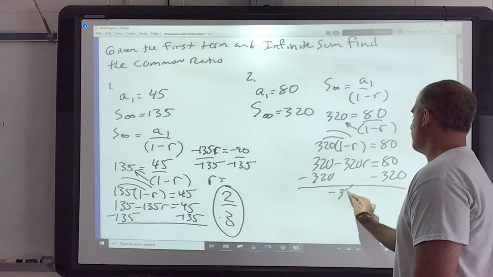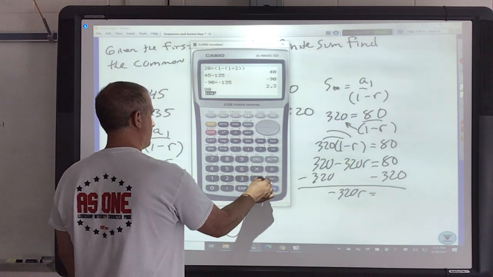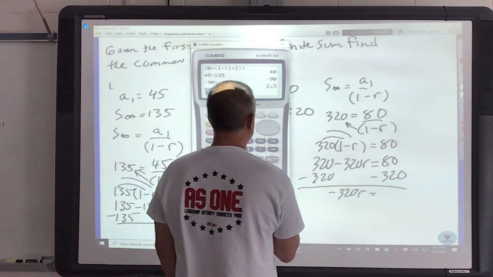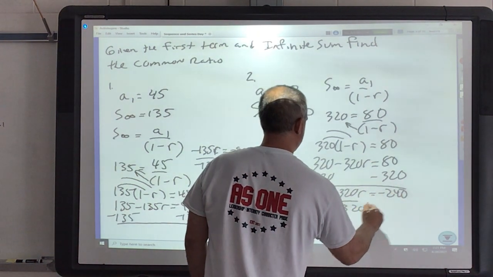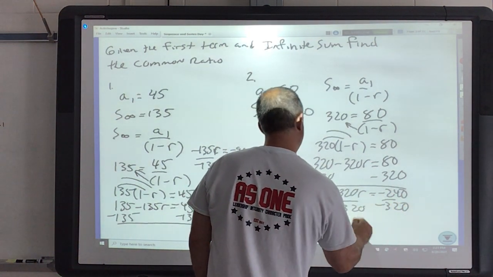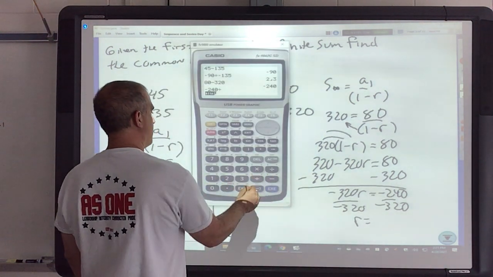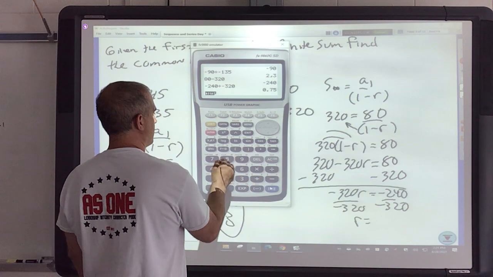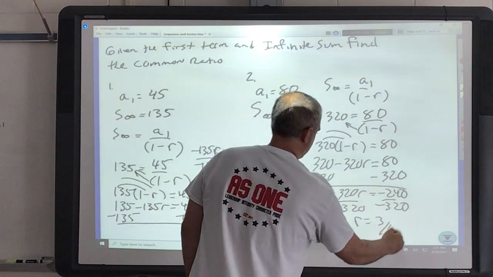I'm left with negative 320R on this side. Let's figure out what 80 minus 320 is. It's negative 240. And I would divide by negative 320. R equals negative 240 divided by negative 320, that's going to be 3/4.